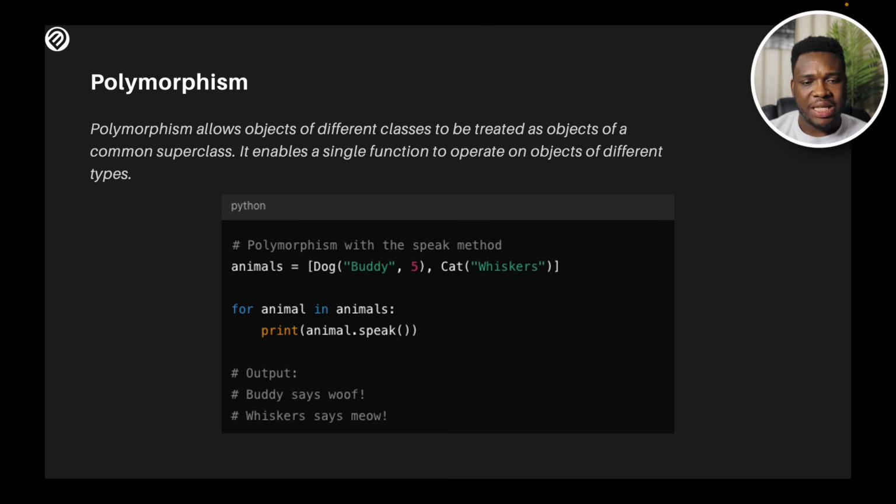And you can all bring them into one umbrella to say animal.speak. And when you print that, it could print Buddy speaks woof, because this is the parameter you inputted here. And you can have Whiskers says meow, because this is the parameters that you've included here. So it's possible to bring different methods into one umbrella and have them as a single unit.